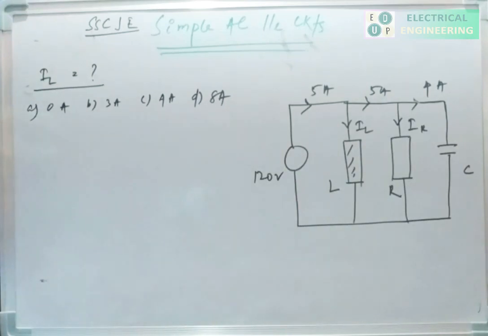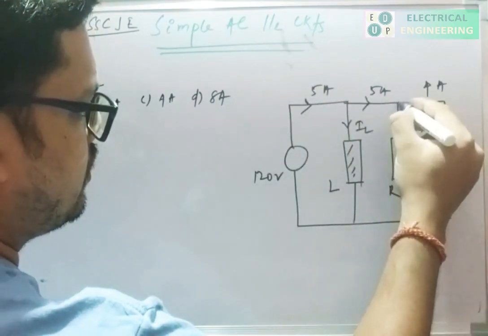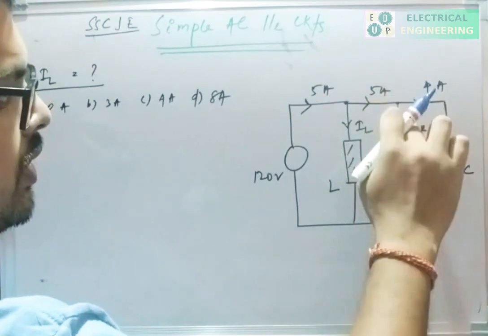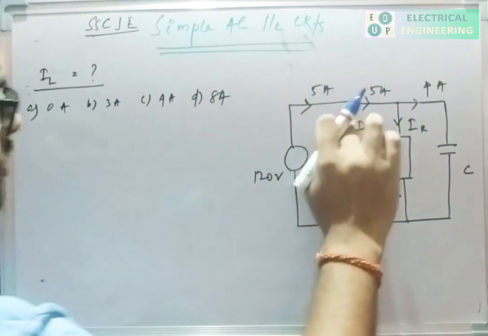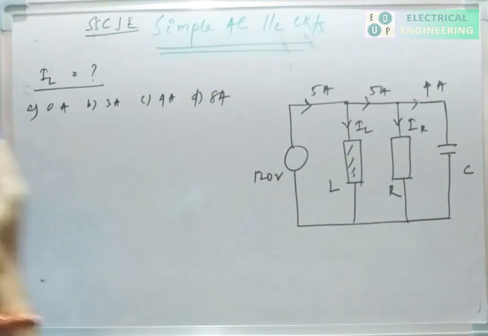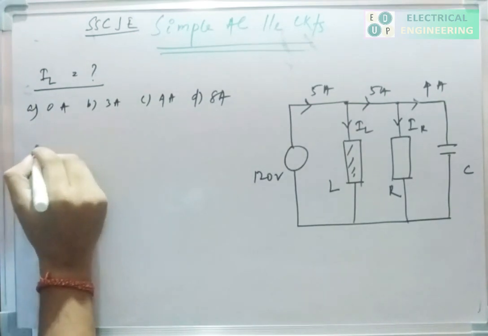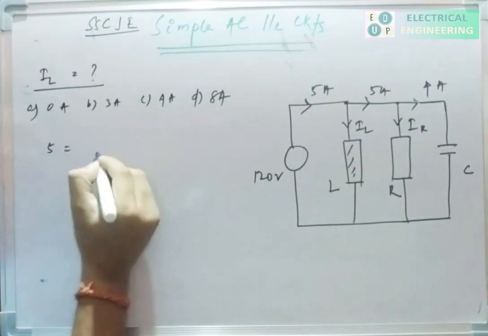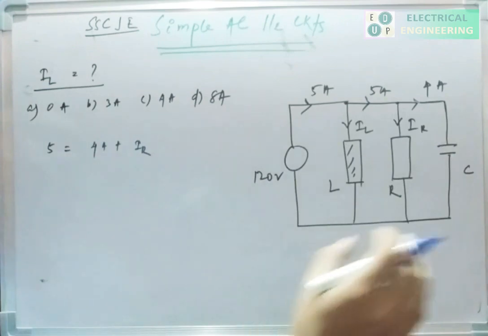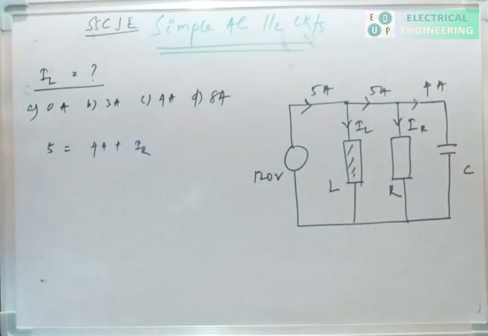Again, what we can do here is take two nodes, this node and this node, and find out the value. For this node, total current is 5 ampere, 5 ampere current is entering, 4 ampere is leaving, IR is leaving. So by applying KCL we can write 5 ampere is equal to 4 ampere plus IR. Again here you can see it is going through the capacitor, so we cannot add it algebraically, we have to add it vectorially.